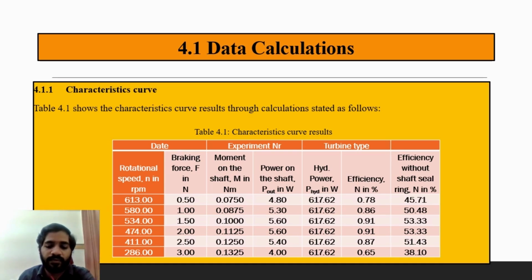The values situated were the rotational speed, the braking force, the moment of the shaft, the power of the shaft, and for the turbine type we have hydraulic power, and also the efficiency of the turbine, and also the efficiency without the shaft seal ring on it.